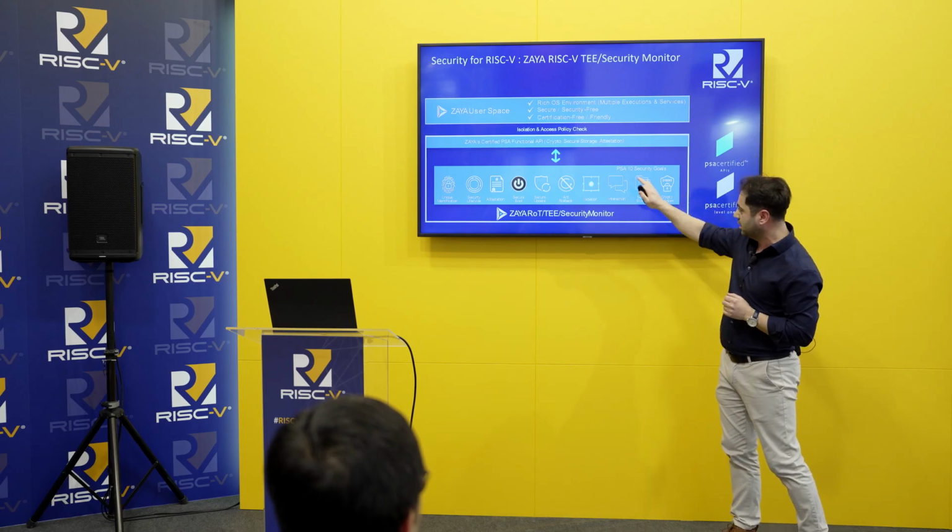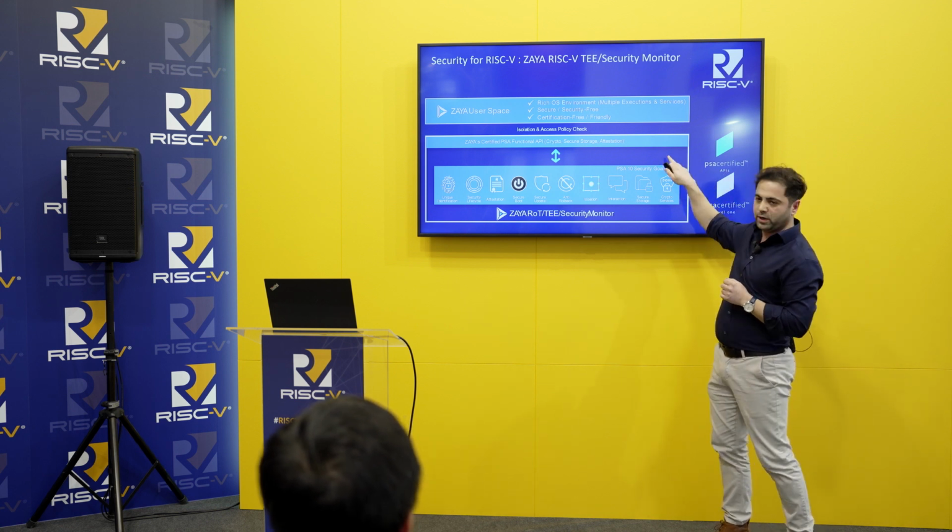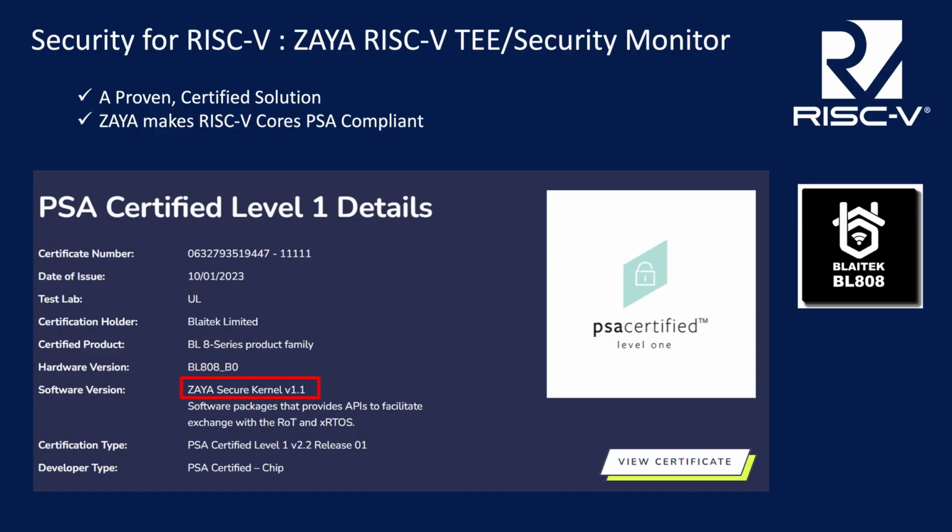PSA certified, it meets all requirements, and PSA API certified. ZAYA is the world's first PSA certified operating system, in 2019, 4 years ago. And now we have one of the world's first PSA certified on a RISC-V core.